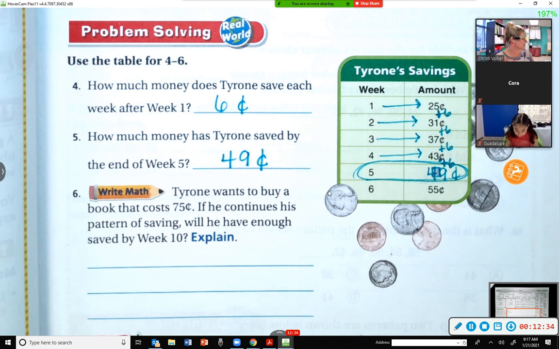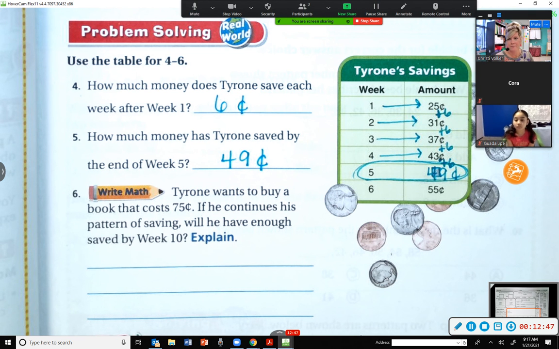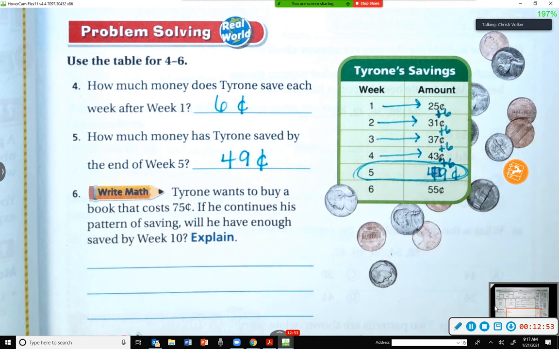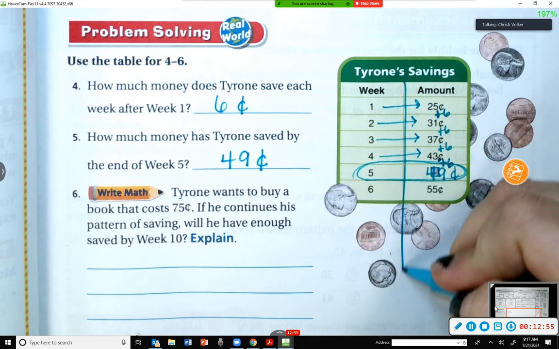Okay, number 6. Tyrone wants to buy a book that costs 75 cents. If he continues his pattern of saving, will he save enough by week 10? Okay, so we have to continue this pattern, right? Over here in the table.